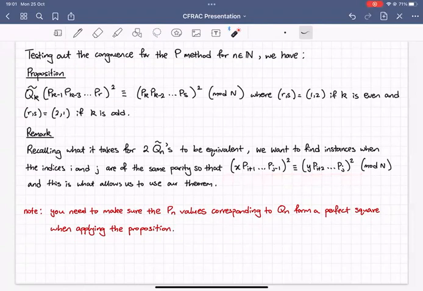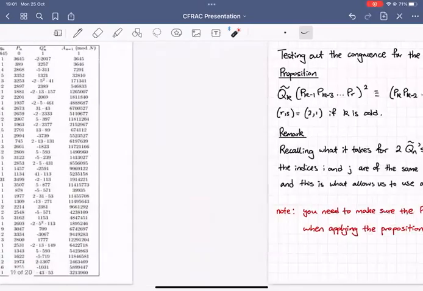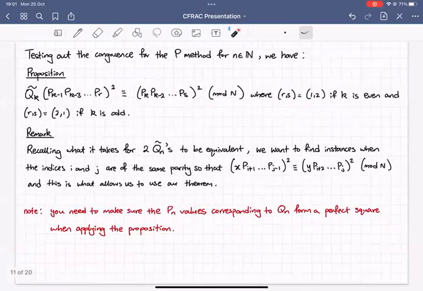You can think of this as x prime and this as y prime, and then this will look similar to this theorem here. And then you can use that theorem to factor your integer.